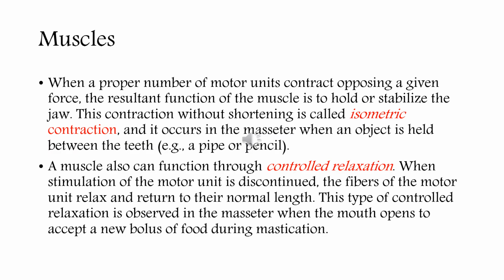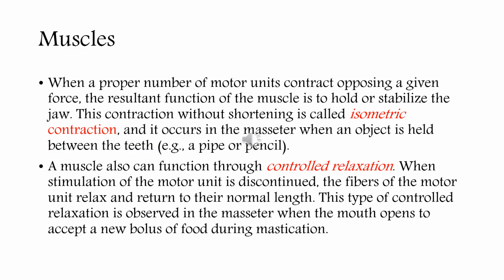So what happens here is a number of the motor units in the muscle are activated and they are in a contraction mode, but they are not shortened. So it's like tensed. They are contracted, not shortened, to hold something in place. Okay, so this is what we call isometric contraction.